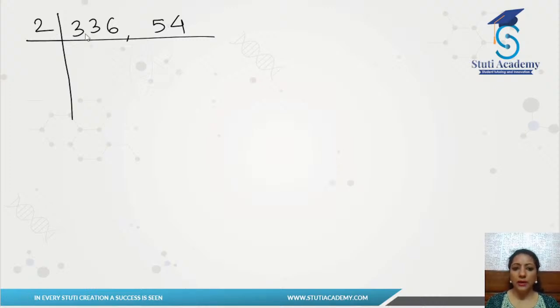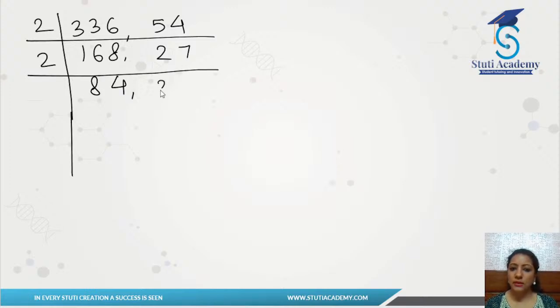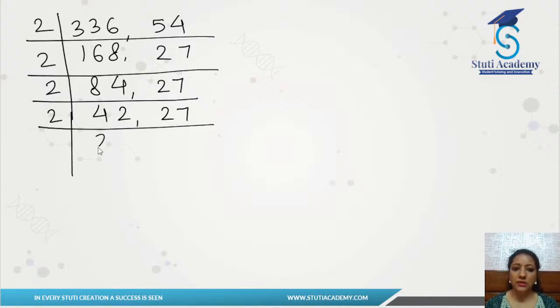If I write 2 here, I'm going to get here 168, and I will get 27 here. Now this is divisible by 2. We'll get here 84, and 27 is not divisible, so I'm just copying as it is. Now this is by 2, we'll get 42 here, and then 27, and this is again by 2, we'll get 21 here, and then 27.